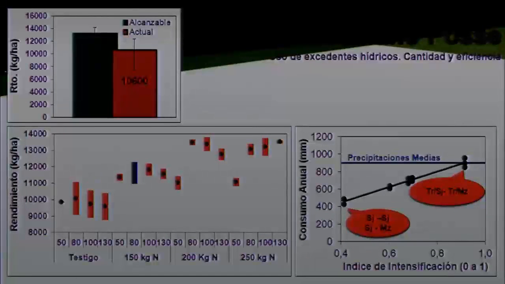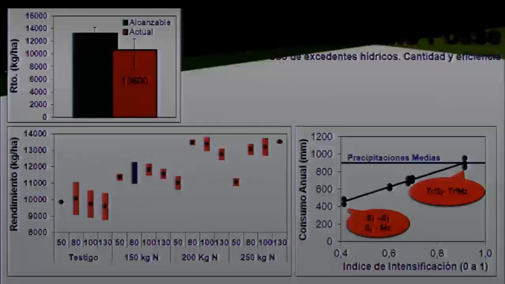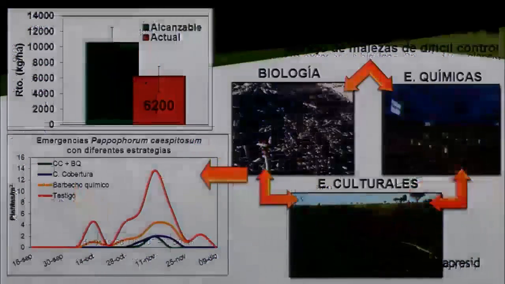On the other hand, nutrition and density are two variables that should be managed together. They are a tool that can potentiate corn yields in the area. You can see this in the blue bar. This will also lead to a more efficient use of water.